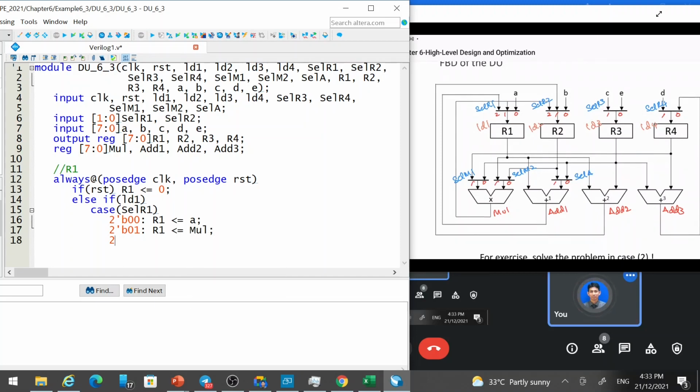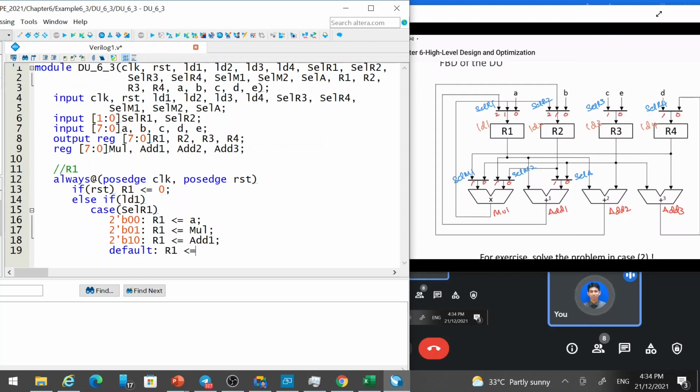But if it is 1, 0, R1 must be, 1, 0 is this, so must be ADD1, and for others, R1 is don't care, right?